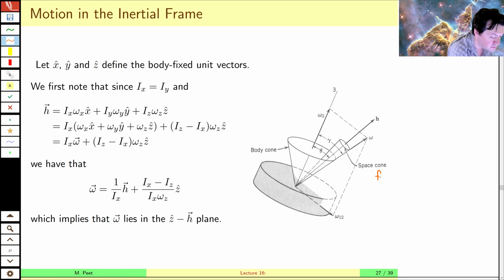Fixed in inertial space, but not in the body. Whereas the body cone is fixed in the body fixed axis, but not in space.